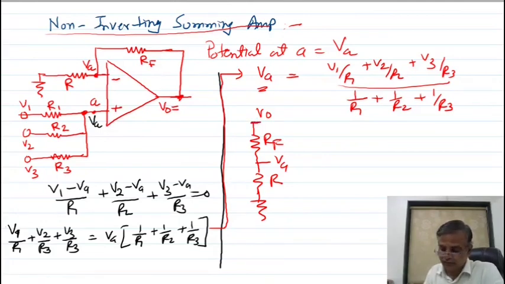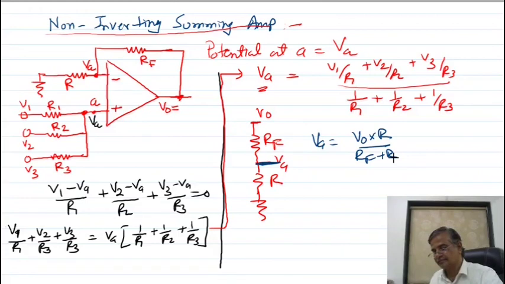So you must be knowing the voltage at this point VA is equal to VO into R upon RF plus R. The voltage at this point with respect to ground is equal to the total voltage into this resistance upon total resistance. Already you know. You have studied so many times.